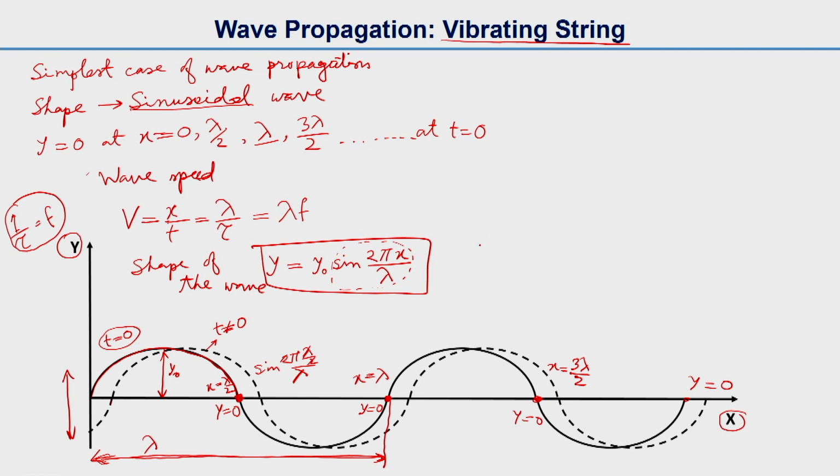Similarly we can also have y equal to y naught sine twice pi f t.